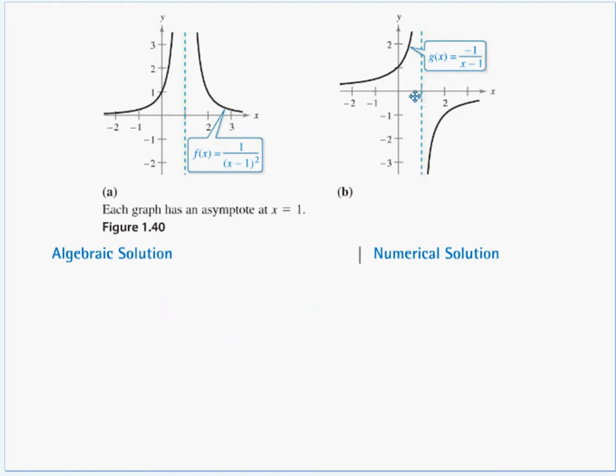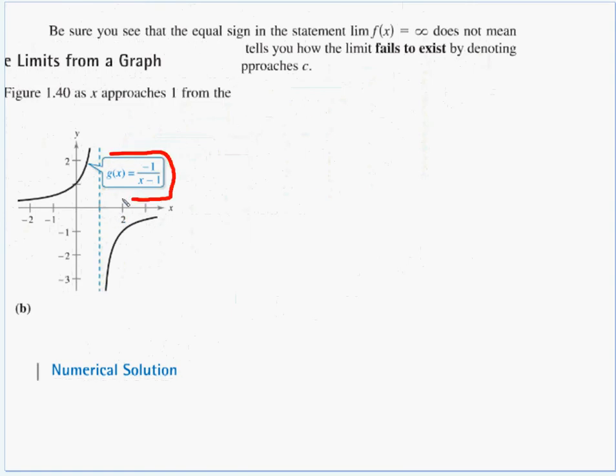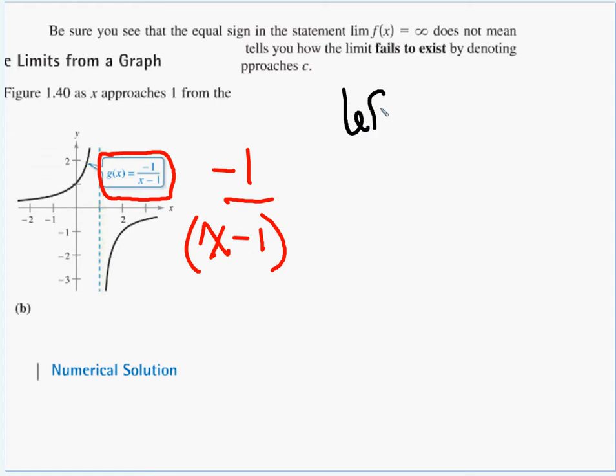Now this one here, we're going to have to do a little more work to figure it out. This function here in the box, our numerator is negative 1 over x minus 1. So let's say we want to approach from the left. We want to come in from a number a little bit less than 1. Mentally I would do 0.99.